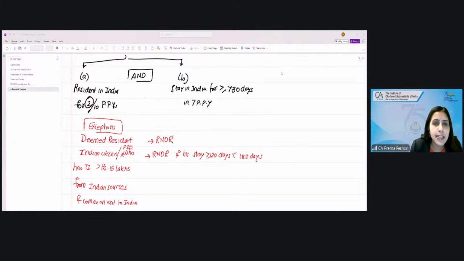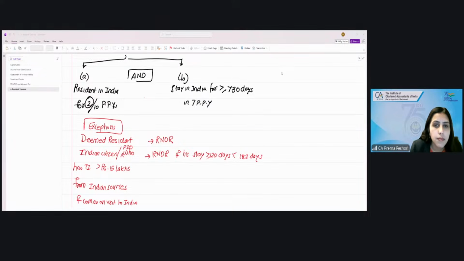Scope of income differs. Yes, Leela, very good. So what is the scope of income of ROR?